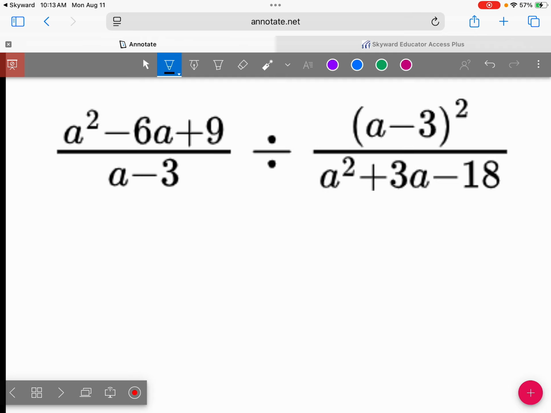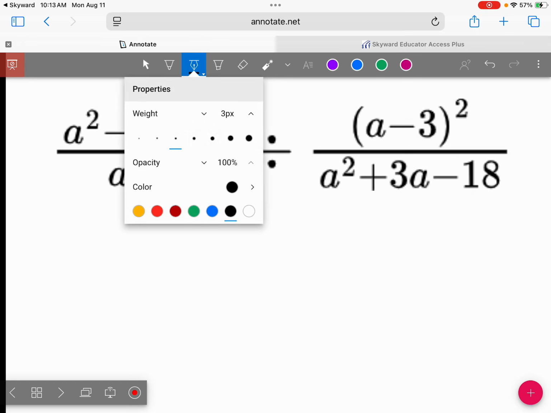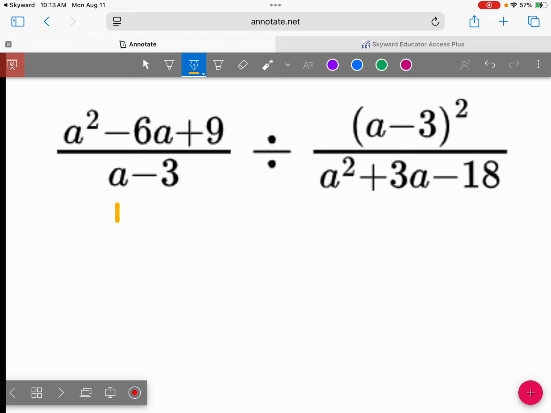Gross. I'm lazy. If you want to write it first, where we do our keep, change, flip, and then factor, totally valid. If you want to factor and then do your keep, change, flip, totally valid. I just tend to do them both at the same time because, again, I don't want to write it that many times. It's a lot of stuff. So we know we're going to need to pay attention to our keep, change, flip.